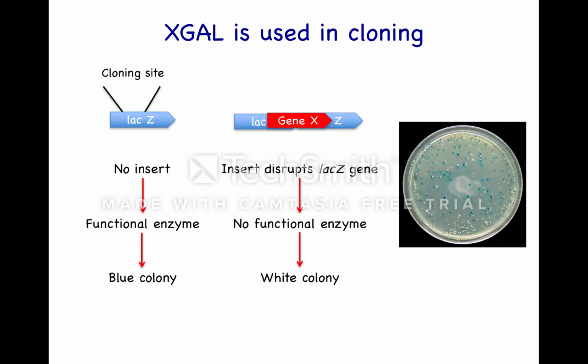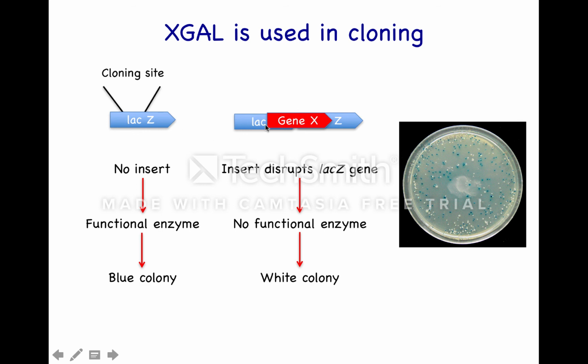Another way that we used to do a lot more, but XGAL used to be used in cloning. And essentially the way this works is that you would have a plasmid, imagine that this is the plasmid, and there would be a cloning site in the middle of the LAC-Z gene.